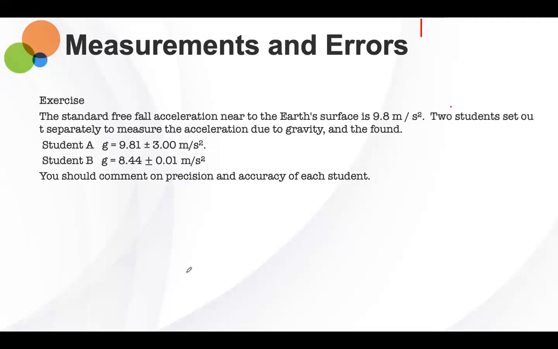So she said that the uncertainty is much less, right? But does that really say whether it is accurate or not? No, because it's not close to the original.